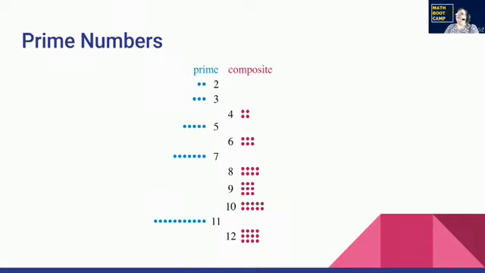So on the left here, we've got some prime numbers. They've got little blue dots. And on the right, we've got some composite numbers, little red dots. Let's take that 7 in our example. If I tried to rearrange these dots and stack them in even rows, neatly, could I do that without having one dot left over?